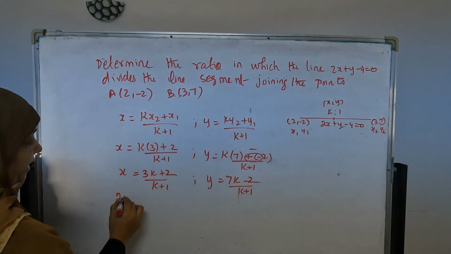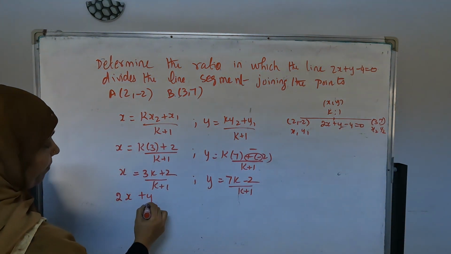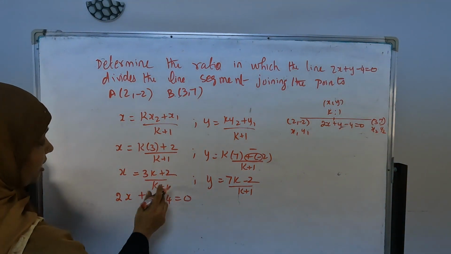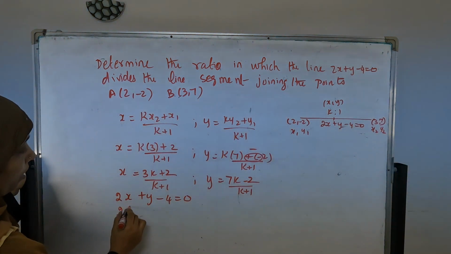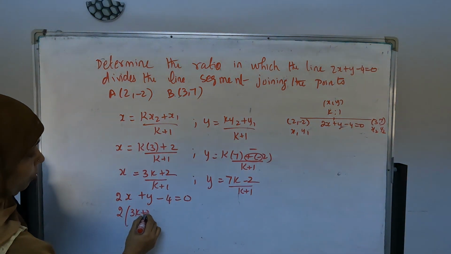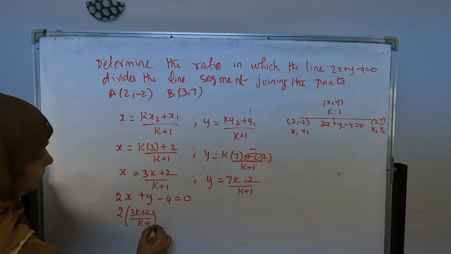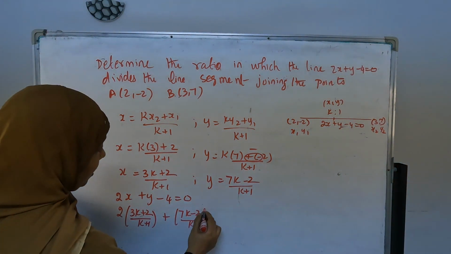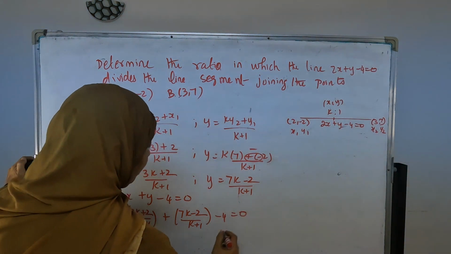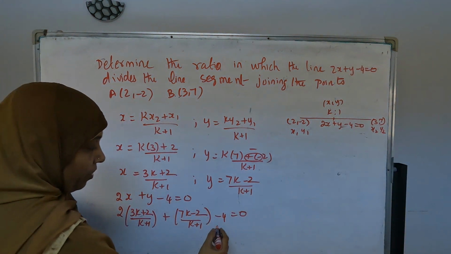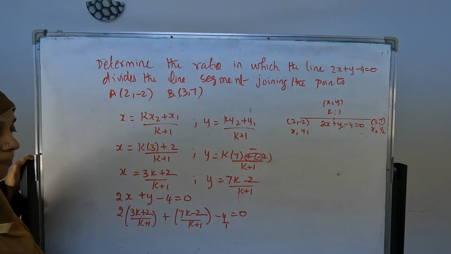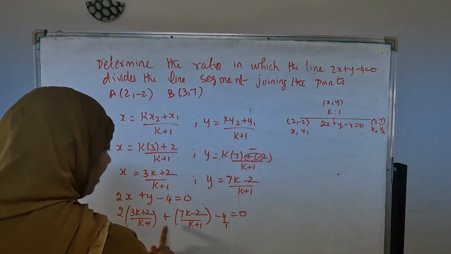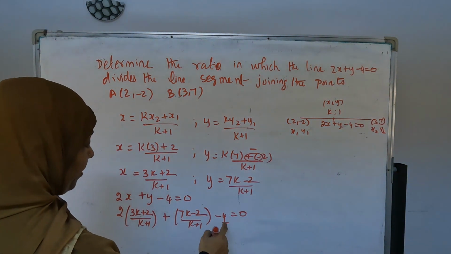So 2x plus y minus 4 equal to 0. In this we will substitute: 2 times (3k plus 2) by (k plus 1) plus (7k minus 2) by (k plus 1) minus 4 equal to 0. Take LCM because this 4 does not have k plus 1 in the denominator, so multiply k plus 1 up and down.